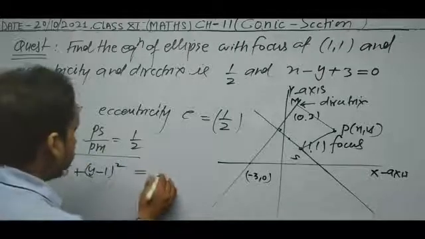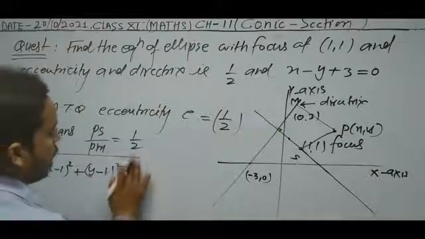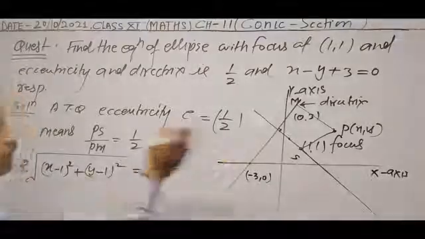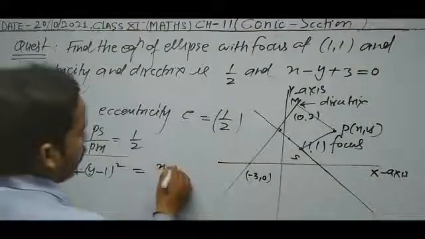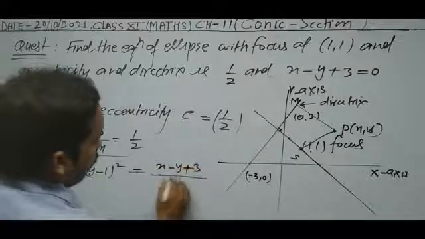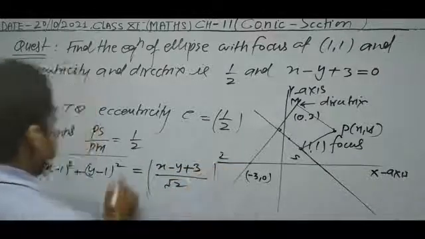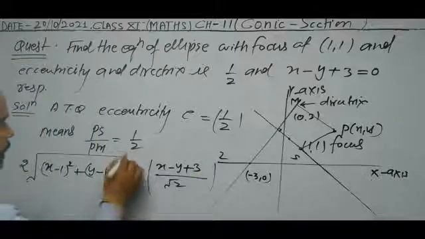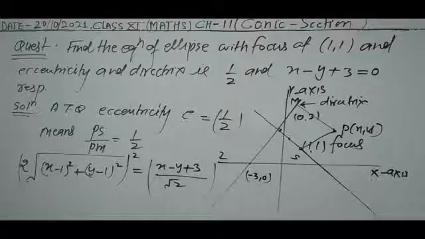2 times PS is equal to PM, and PM length is the distance of a point from a given line. So this expression will be x minus y plus 3 whole upon root 2. And now we have to square both the sides. So what will you get as the result? After calculation you will get the result.